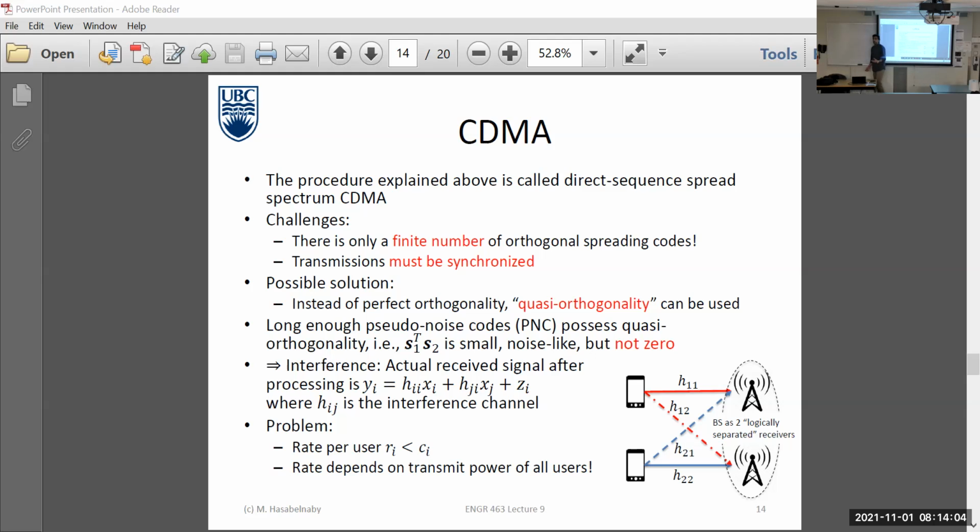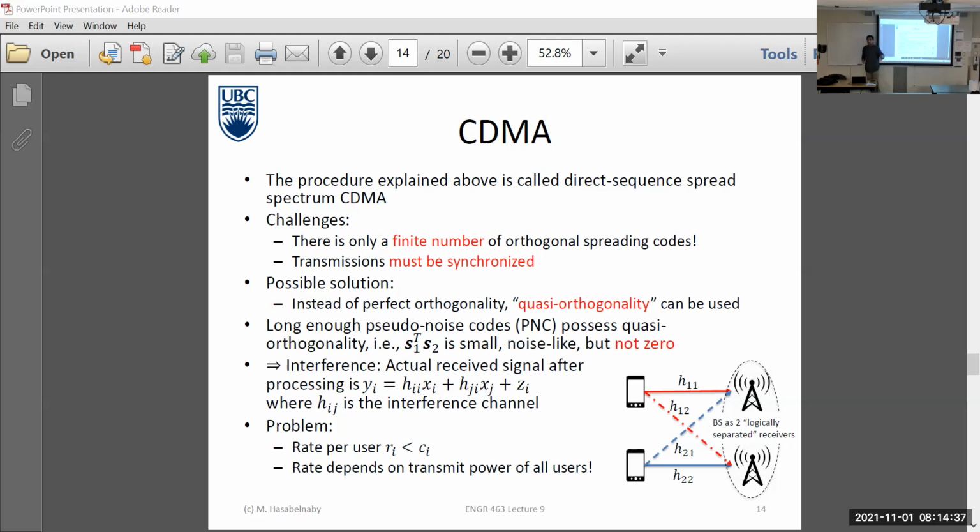So if I have 1,000 users, I need 1,000 orthogonal codes. If I have 10,000, the number of orthogonal codes that I can obtain is finite. So I can't serve each user with a unique code which is orthogonal to all other codes. This is very difficult. This is the first problem.